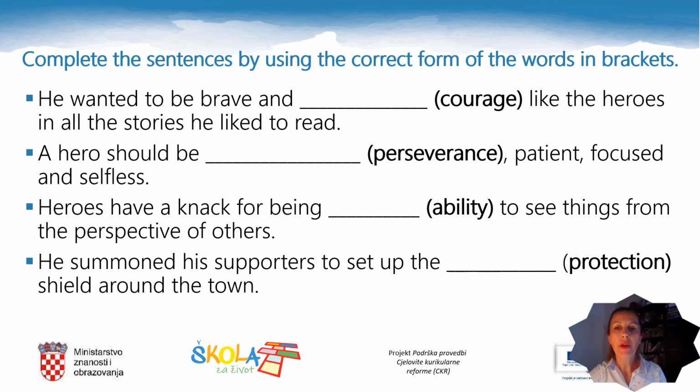He wanted to be brave and courageous, like the heroes in all the stories he liked to read. A hero should be perseverant, patient, focused, and selfless. Heroes have a knack for being able to see things from the perspective of others.